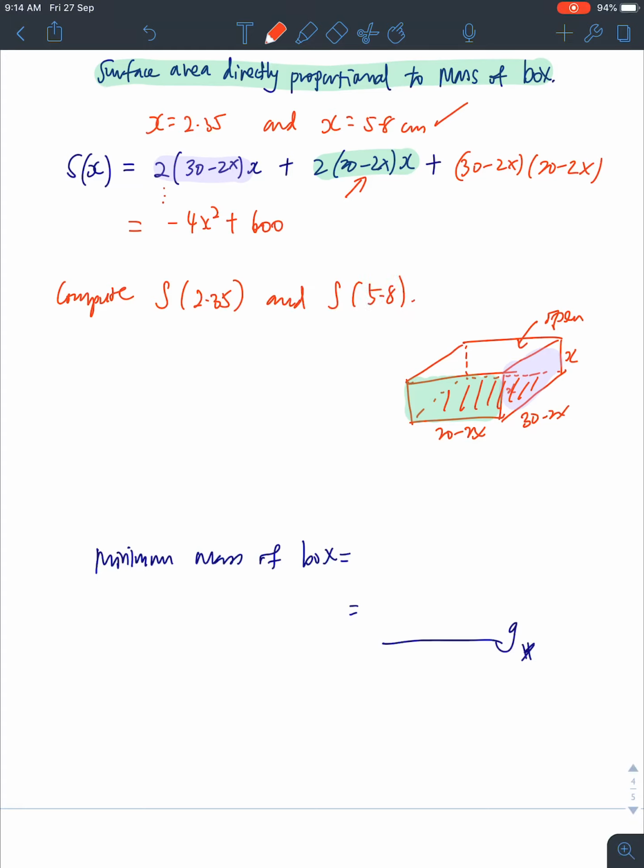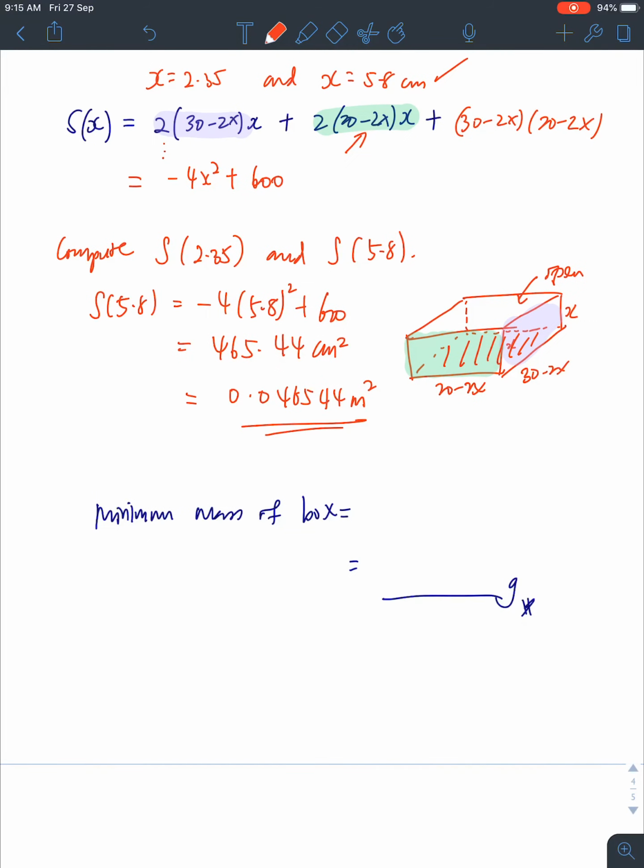When you do that, S of 5.8 gives you minus 4 times 5.8 squared plus 600, and that is 465.44 cm squared, which in turn gives you 0.046544 meters squared. So this is the surface area of the box when x assumes the value of 5.8.